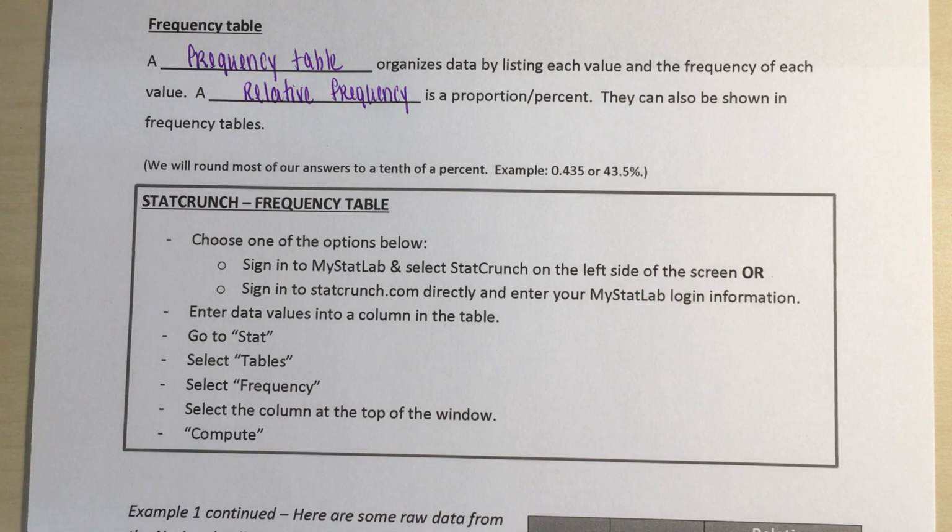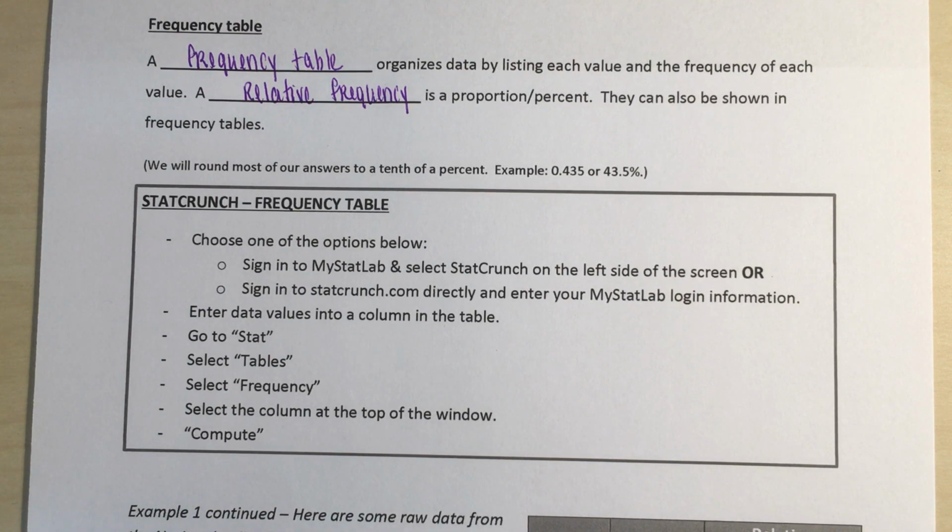We enter our data values into a column in the table. Then we select the Stat button, select Tables, select Frequency, select the column at the top of the window, and then select Compute. The information we get off of the frequency table is going to match what we're going to do by hand.